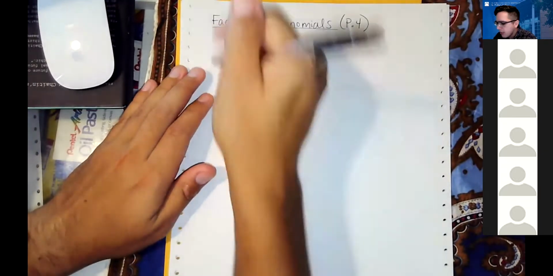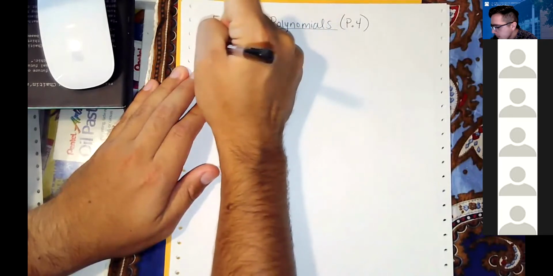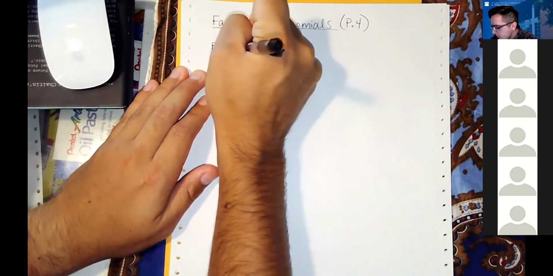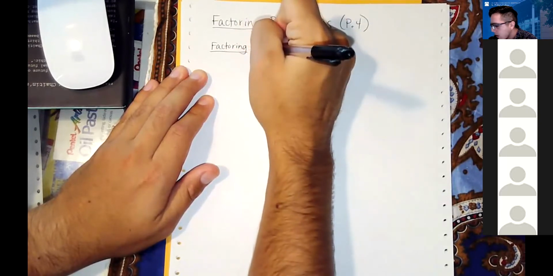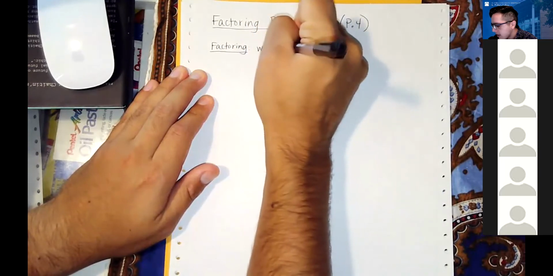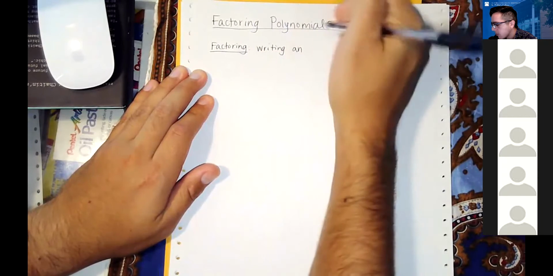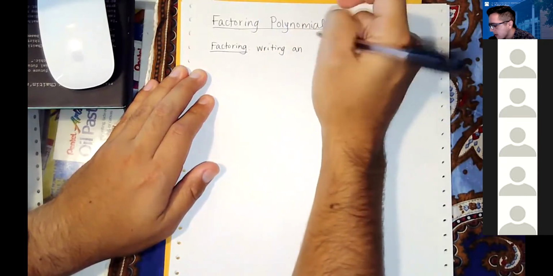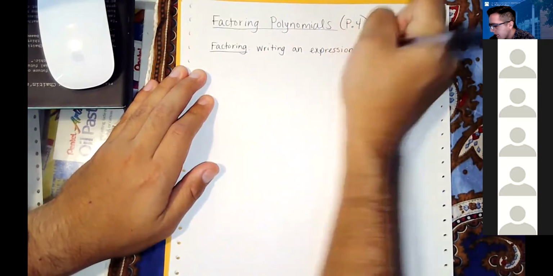But factoring, just to give you some vocabulary, is the process of writing an expression, so some algebraic expression, a polynomial or a set of numbers, as a product.